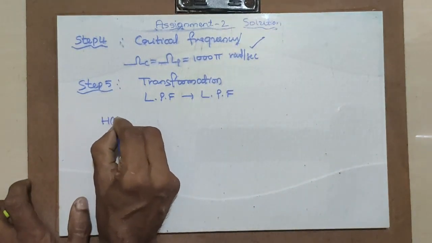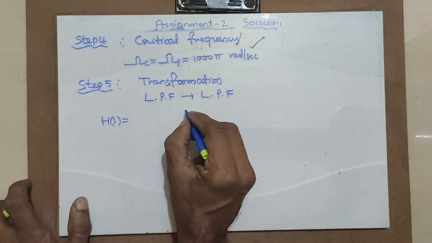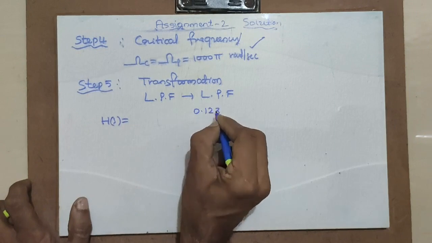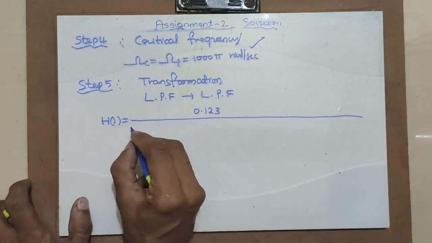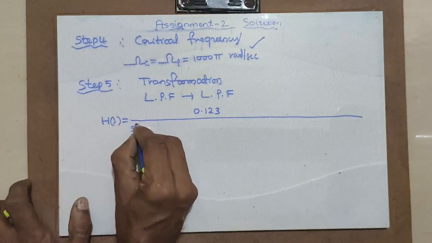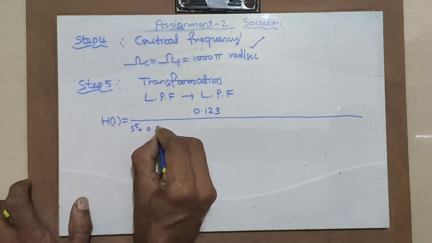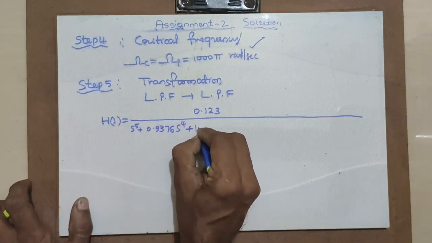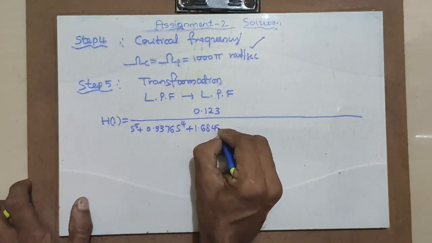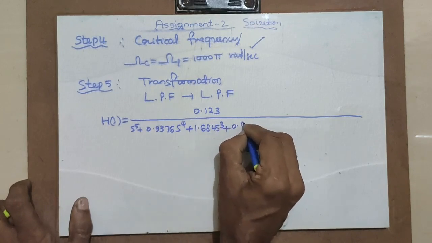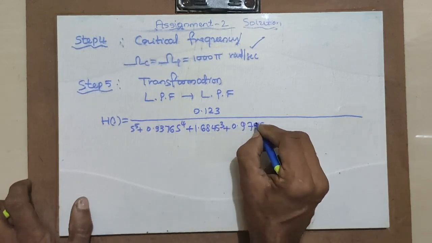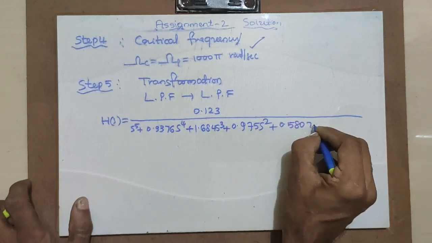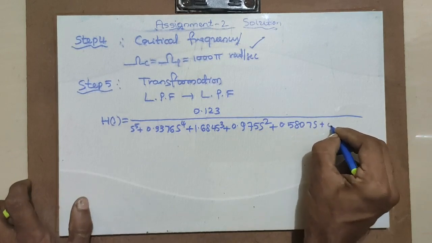H(s) is equal to Kn, that is 0.123, whole divided by s^5 + 0.9376 s^4 + 1.684 s^3 + 0.975 s^2 + 0.5807 s + 0.123.